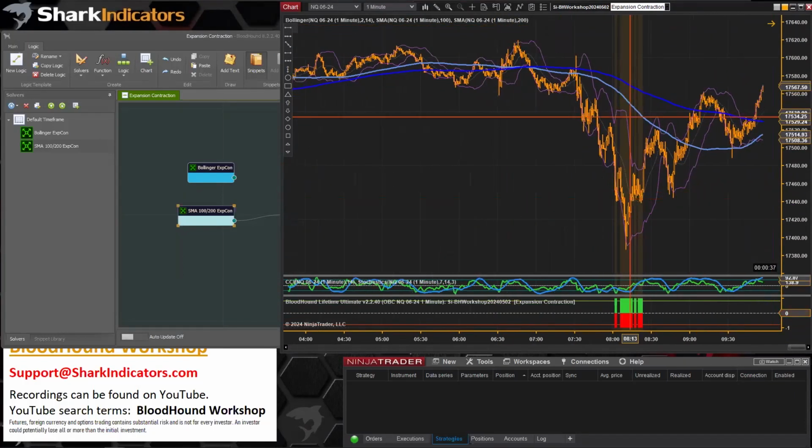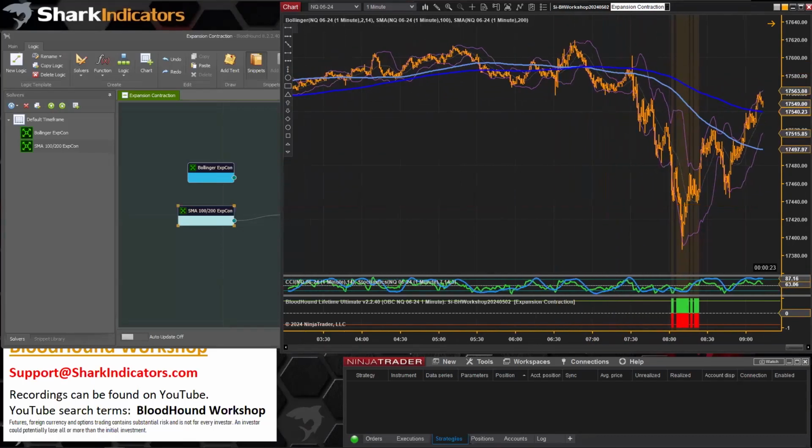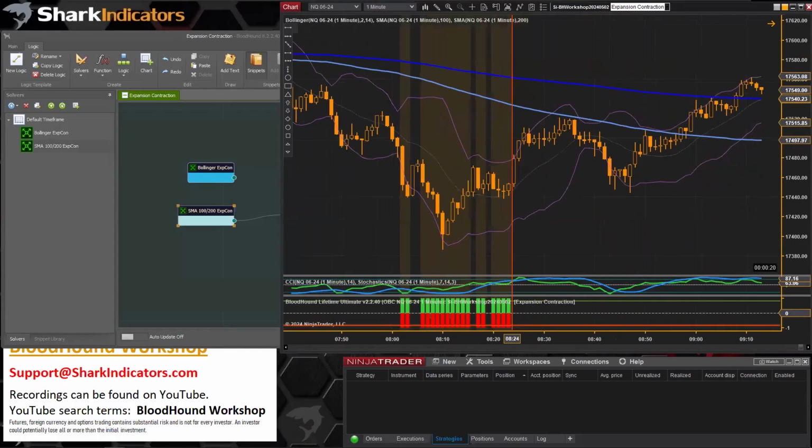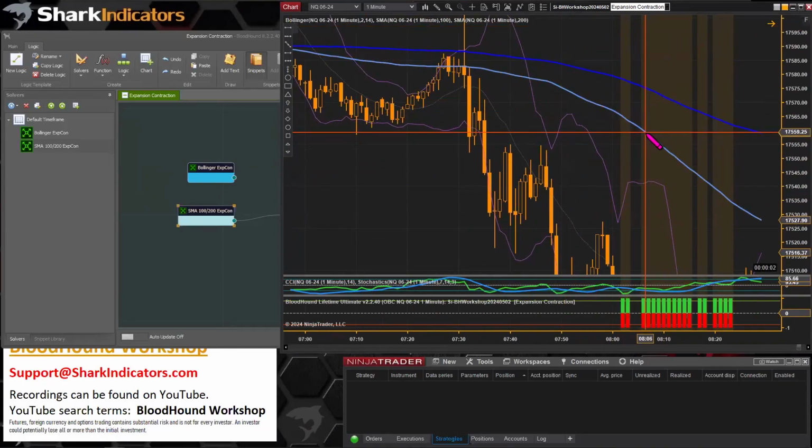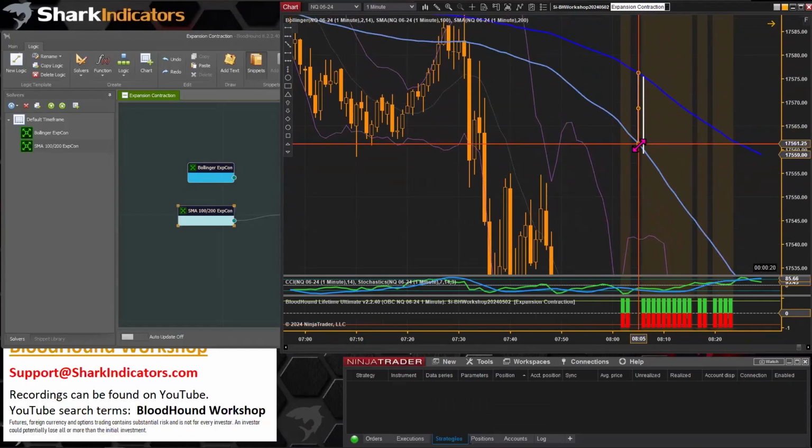There we go. Yep. So as the market fell off here, it pulled that 100 SMA down pretty quickly, and obviously the SMA 200 is taking a little bit longer to catch up. So, all right, I'll try and get that as precise as I can.